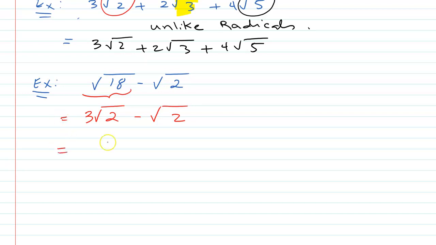Now you notice we do have root 2 here and root 2 there, and it doesn't have any number in front, but if it doesn't, that's just 1. So 3 minus 1 is 2, and root 2 is the same, so we get 2 root 2 as a final answer. It's very important when you see a radical to make sure it is in a very simplified form before you decide if there are any like radicals in that expression.